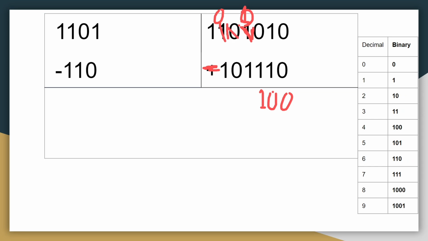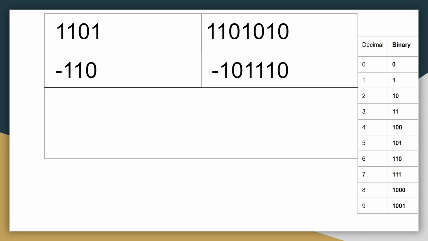And again, we have to borrow, so this remains a 1 and this becomes 10. So 10 minus 1 is 1, and 1 minus 0 is also 1. And again, we have to borrow from here. This becomes a 0. Then 10 minus 1 is 1. So 11010110 minus 101110 binary is equal to 111100 binary.